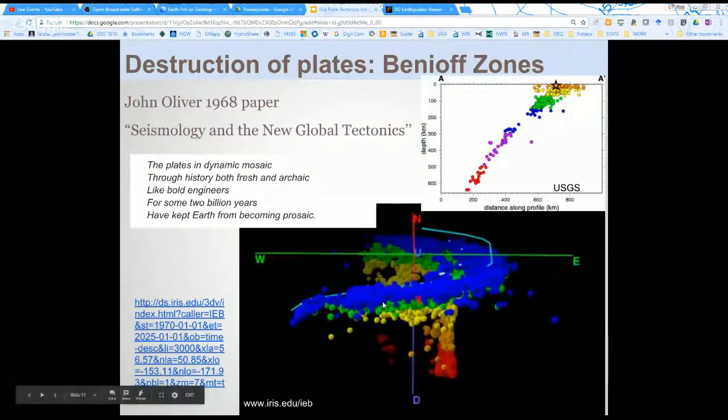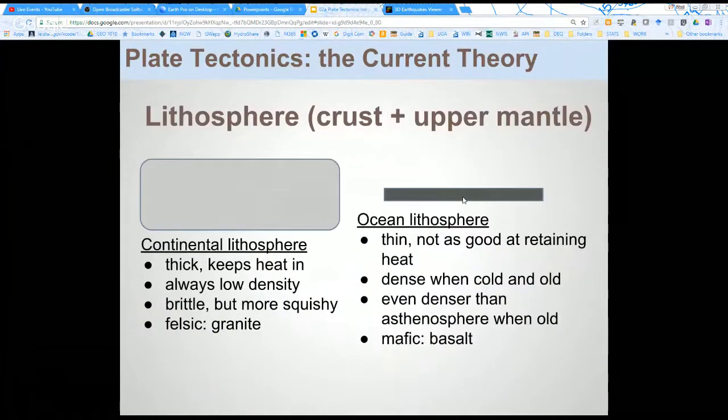So that's kind of what we started to figure out, and we get these things called Benioff zones, which delineate the subducting ocean plate. So it supports and provides an explanation to where all of that extra plate is going after we create new plate.